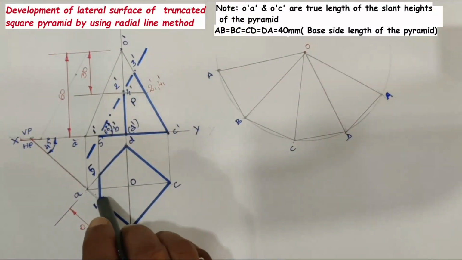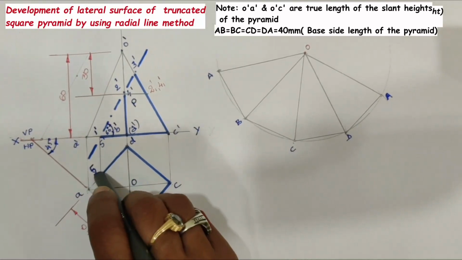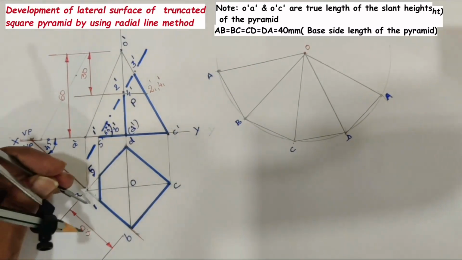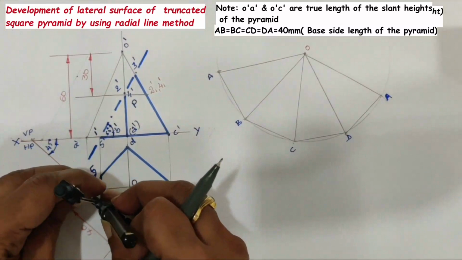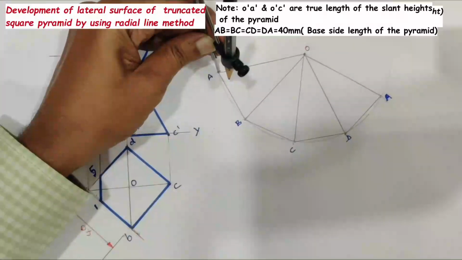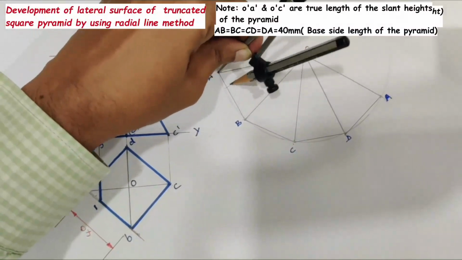Here 1 is a point on AB base side and 5 is a point on AD base side of a square pyramid. Then take A1 as a radius, A as a center, draw an arc on AB base side in the development.